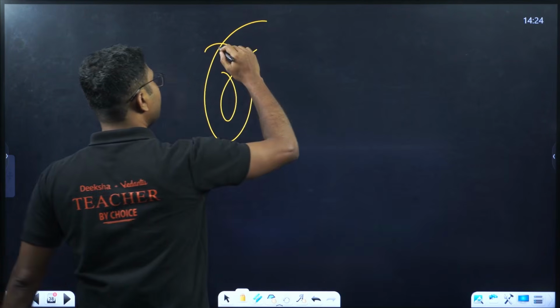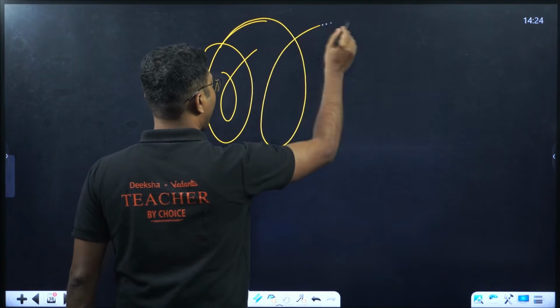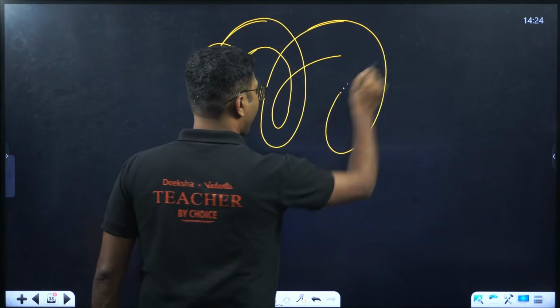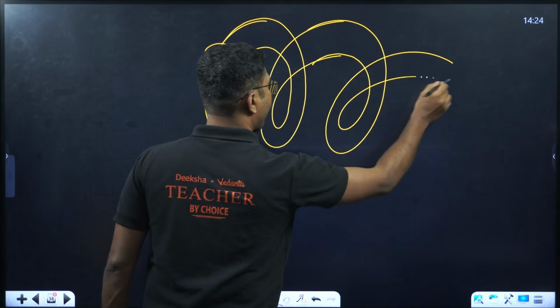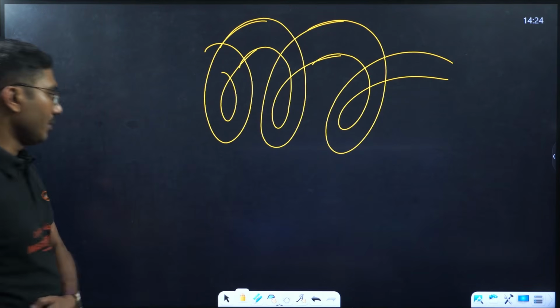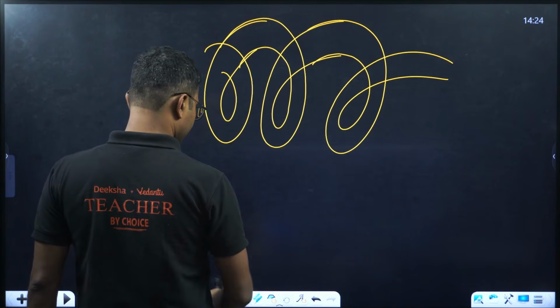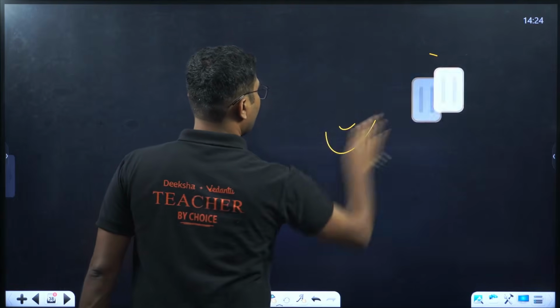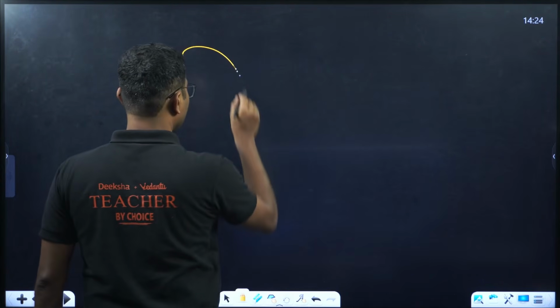Now if you repeat this, then it is a coaxial coil. Okay, let me do one thing. Let me draw using two different colors. So suppose this is the main coil.